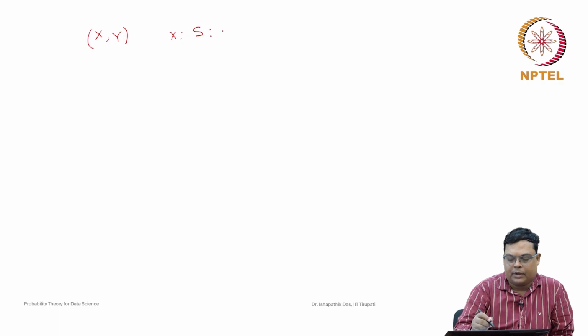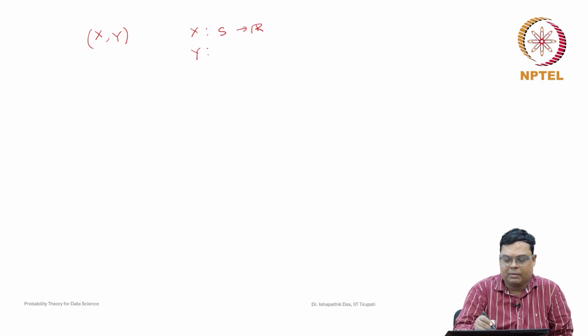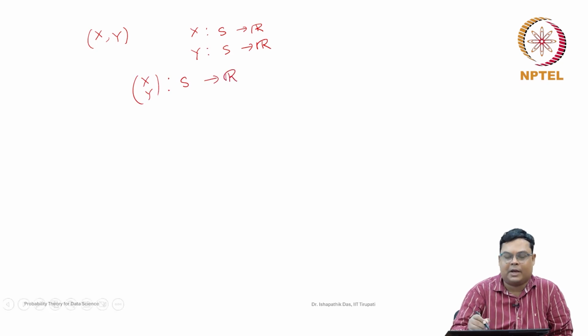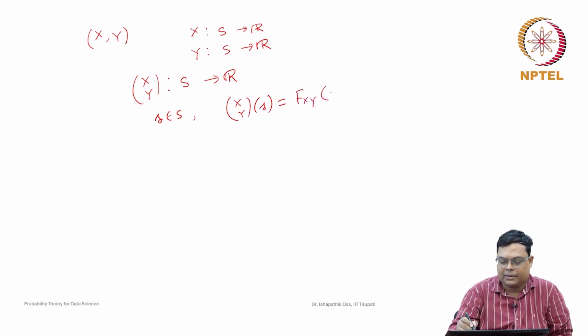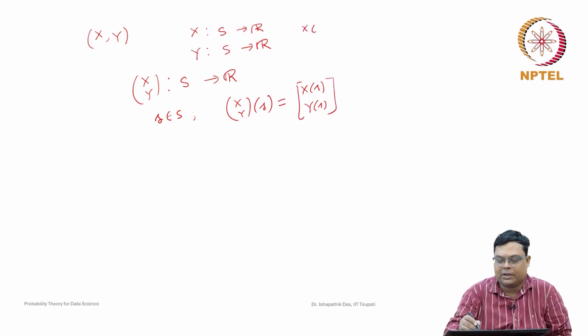X is a function, not only that, it is a measurable function from S to R, and Y is also a measurable function from S to R, and we define (X, Y), a measurable function from S to R, by (X, Y)(s) = (X(s), Y(s)) for any s belonging to S. Both are real numbers because these are measurable functions: X(s) belongs to the real numbers, Y(s) also belongs to the real numbers.